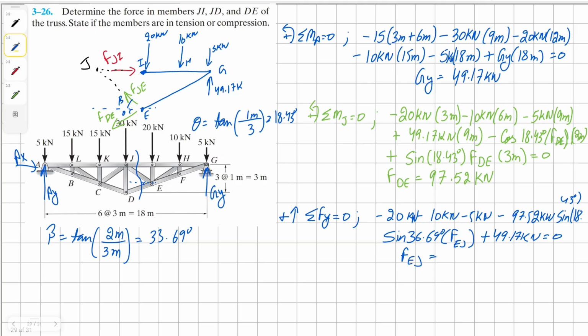Solve for force EJ, we get our solution as 27.88 kilonewton.